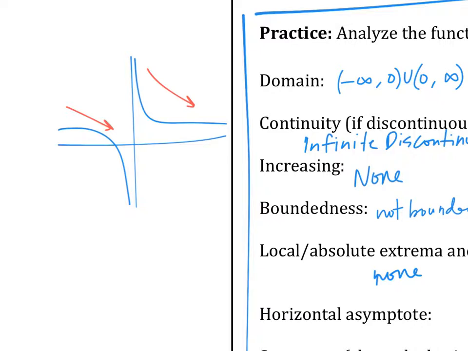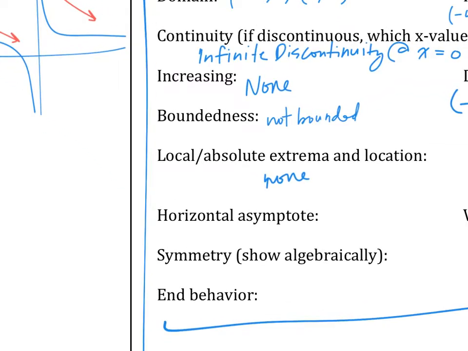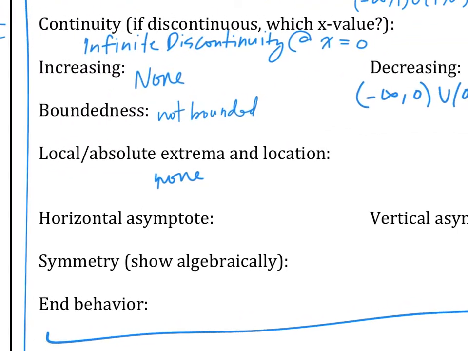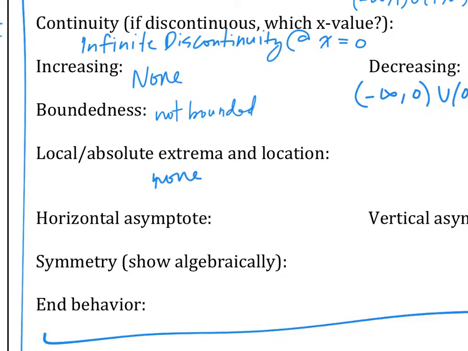If your graph is always going down, then there's no way it's going to have a hill or a valley, right? A hill means you have to go up and then down. A valley means down and then up. If it just keeps going down, then there is none. Okay, let's try Tony and Andy again. Penny, horizontal asymptote.